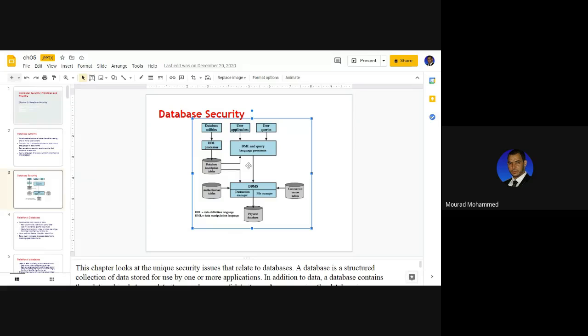So, in conclusion, the physical architecture is the segregation of the front-end applications or interfaces from the backend data store, which is the database, and the more layers we generate, the more the security is enhanced.